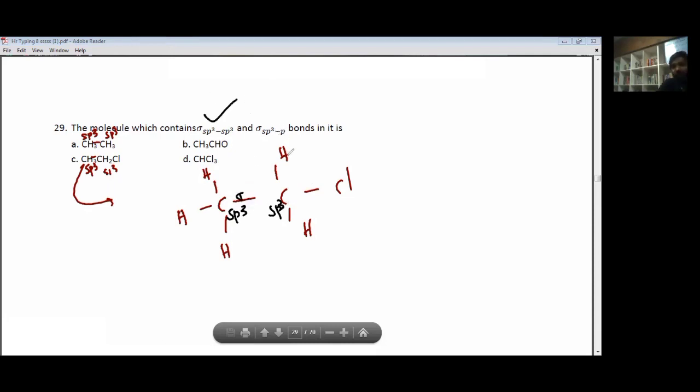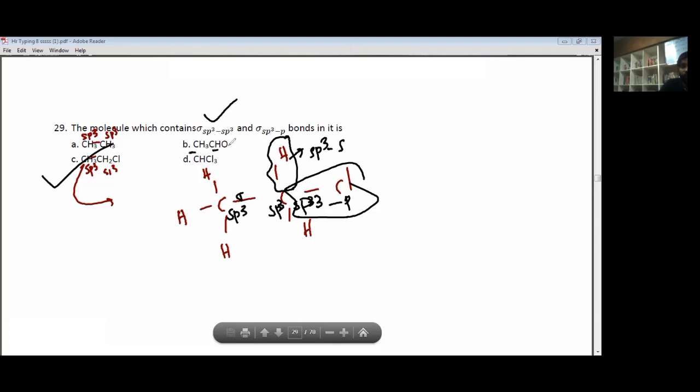And now you need sigma sp3-p. This is a sigma sp3-s, overlapping of sp3 with s. But this is overlapping of sp3 with the p orbital of fluorine. So this will be the answer.